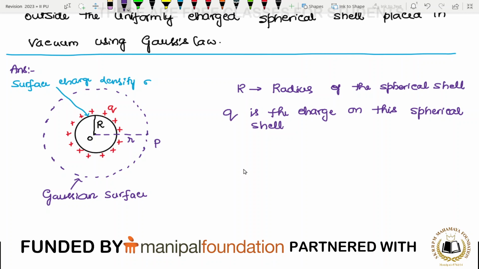Next, electric flux through the Gaussian surface we will calculate.